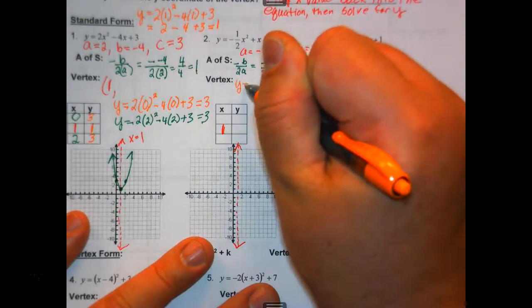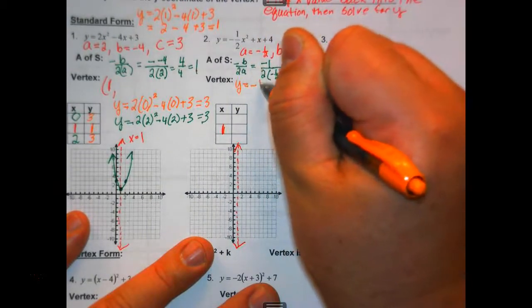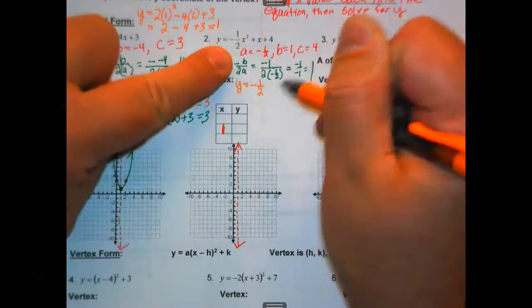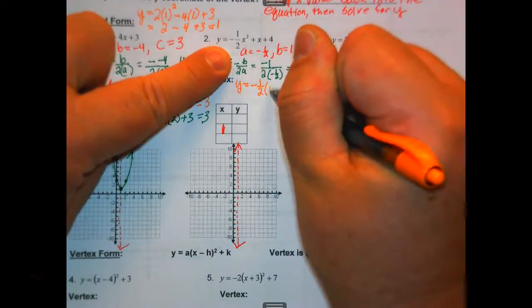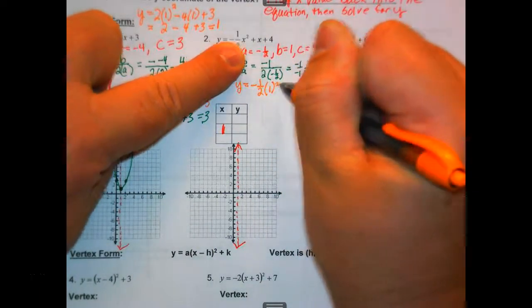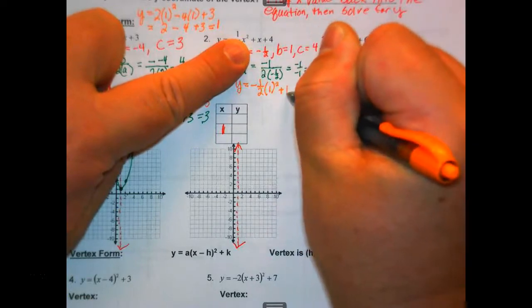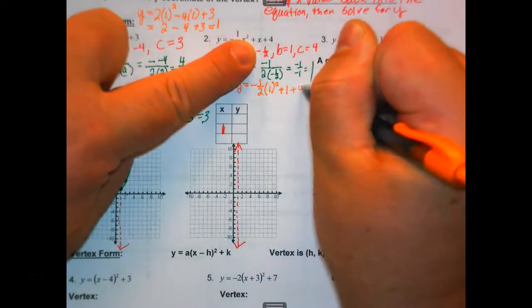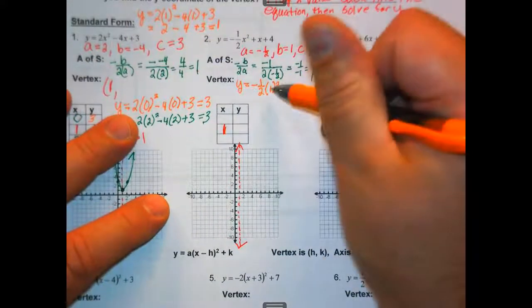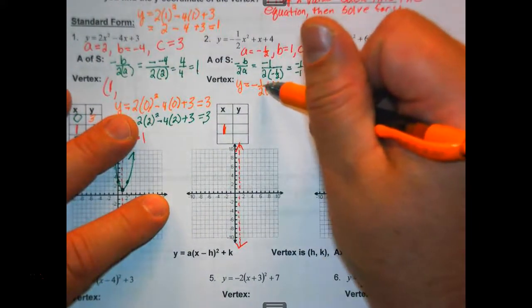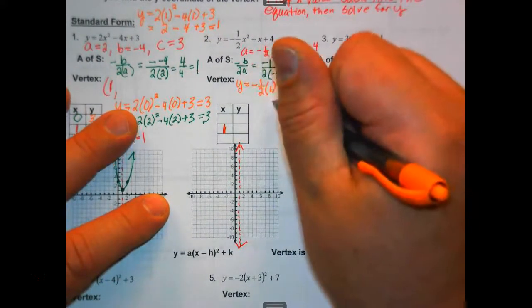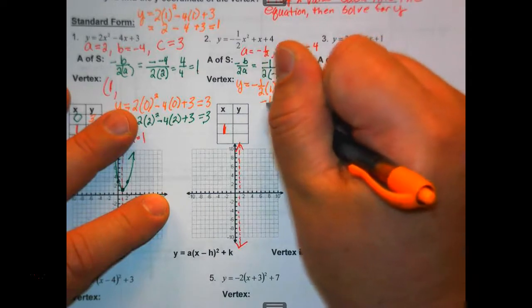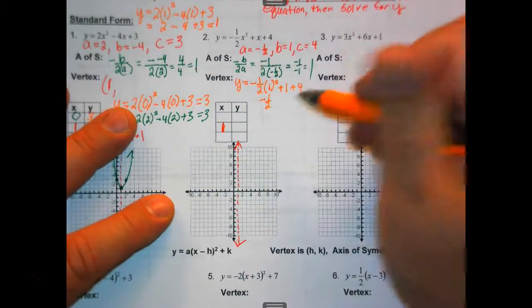I'm going to plug in x. I have negative 1/2 times 1 squared plus 1 plus 4. 1 squared is 1. 1 times negative 1/2 is negative 1/2. Good. Glad you guys are keeping up.